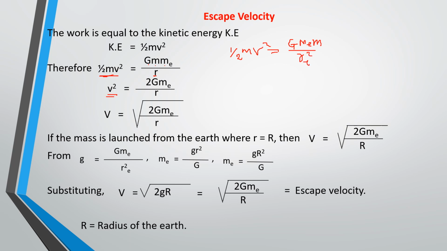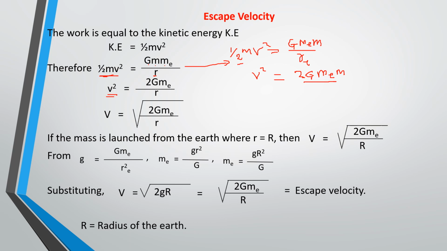So now if you make v the subject of the formula, you have that v squared is equal to 2 G Me all over r. This is just r, not r squared, sorry.